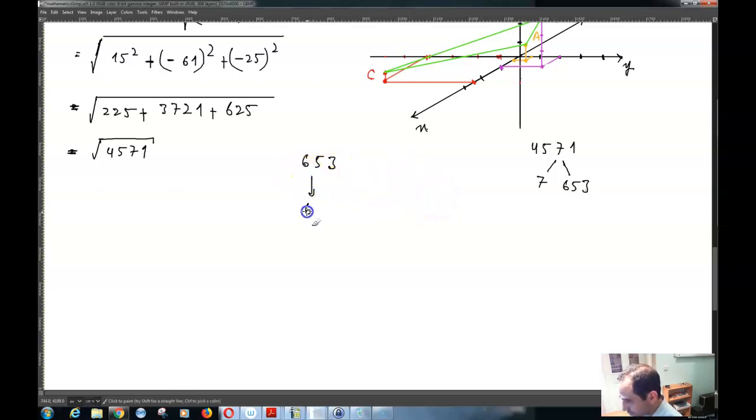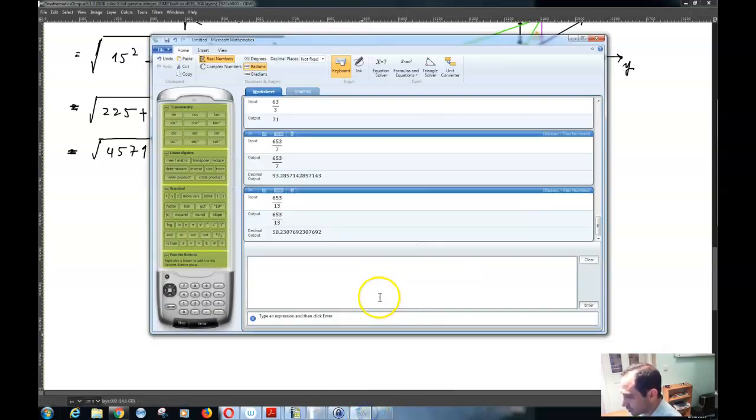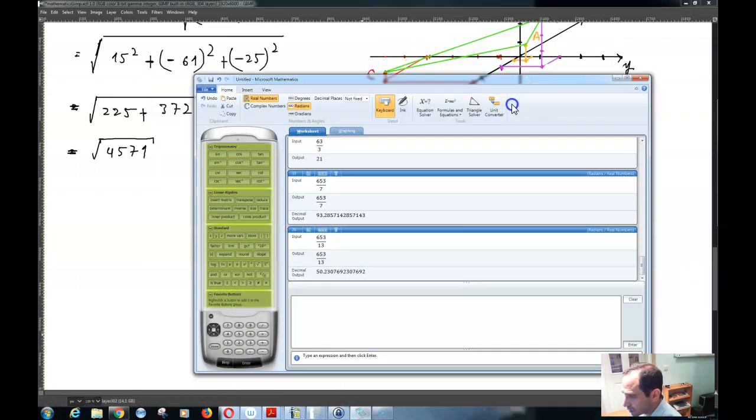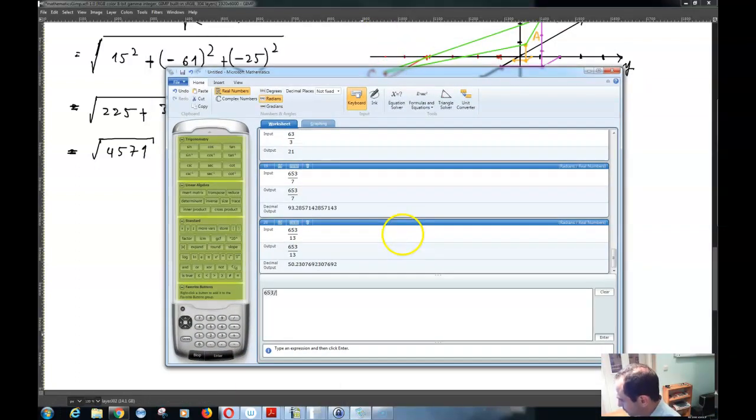So truncate the number to 65 and subtract 5 times the last digit. 5 times 3 is equal to 15, and 65 minus 15 is 50. Of course 50 is not divisible by 17, so the number is not divisible by 17. And if I test it here, 653 divided by 17, I'll get some number over here.